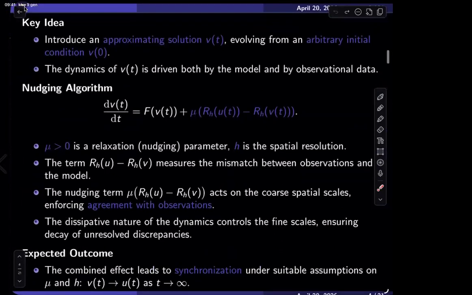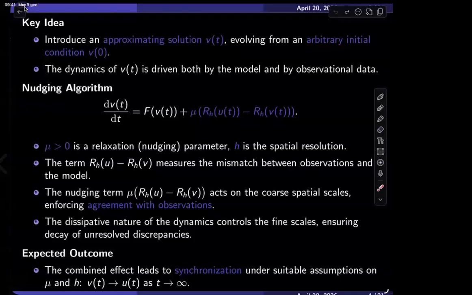The idea is to use this data assimilation algorithm. So the idea is to introduce a suitable approximation for your equation. So you introduce another equation satisfied by a state variable v that evolves from an arbitrary initial condition.